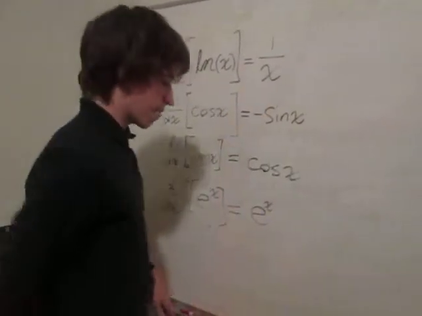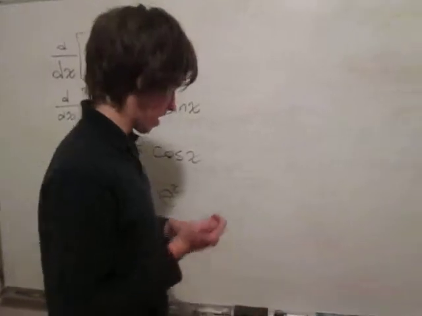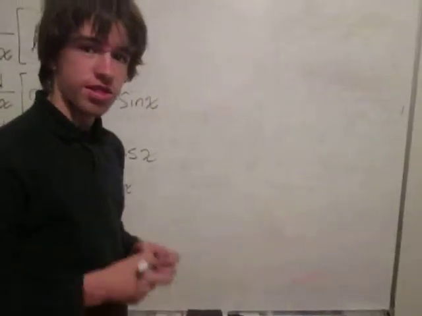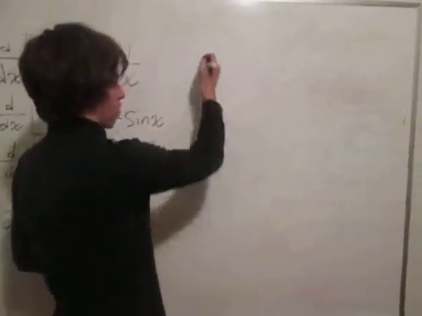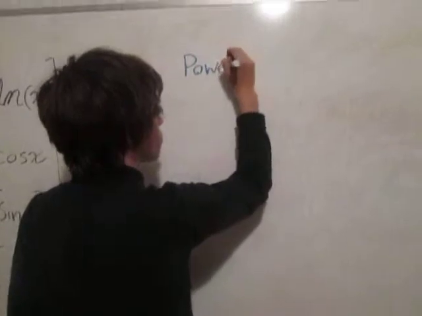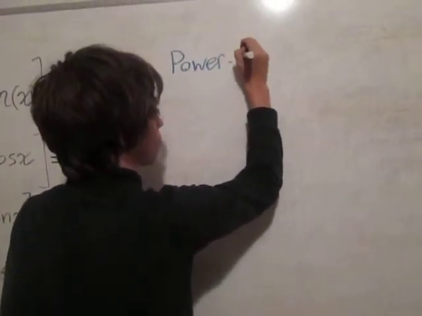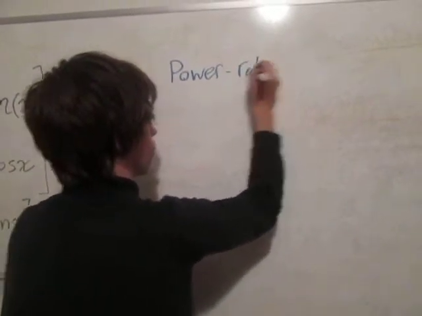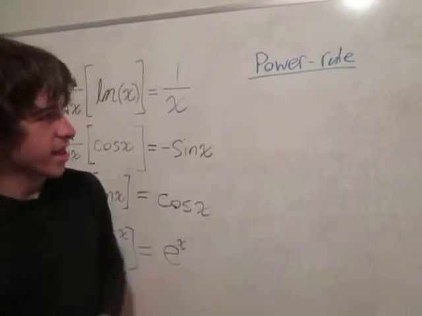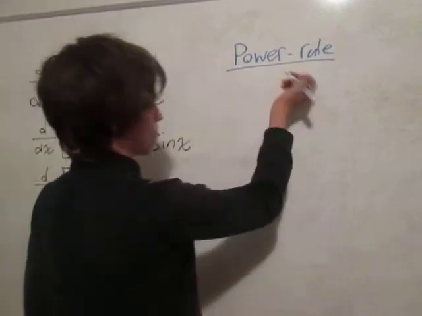Now, how about some methods of taking derivatives? And you might want to come a little closer. First, we have what's simply called the power rule. I'm going to write it out here. Power rule. Now, this means that, let's say we have x to some power.